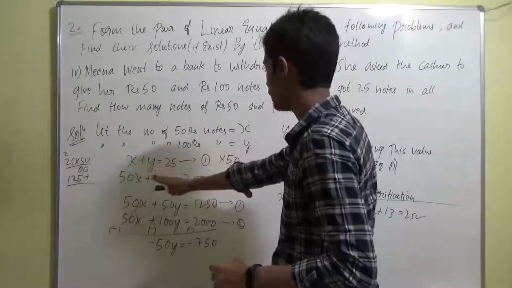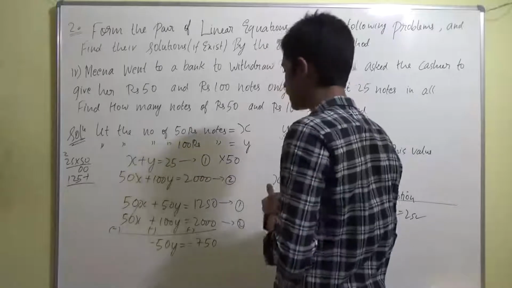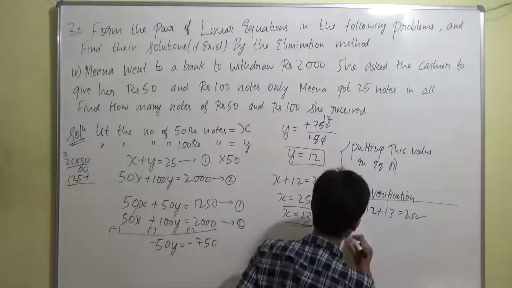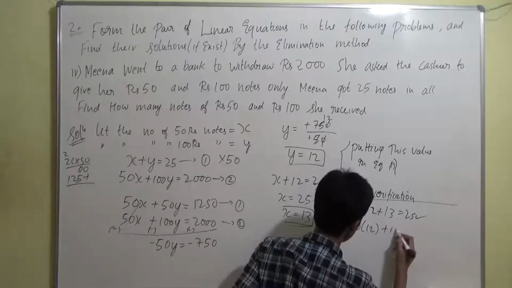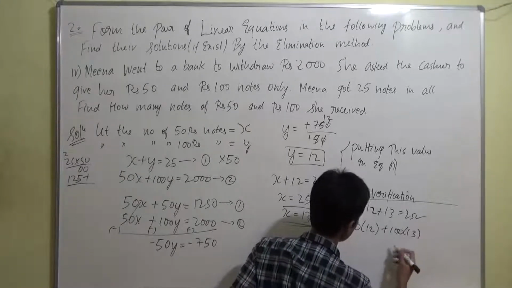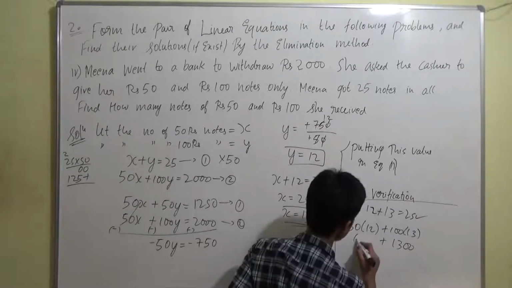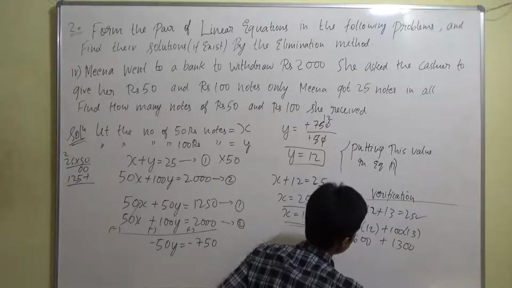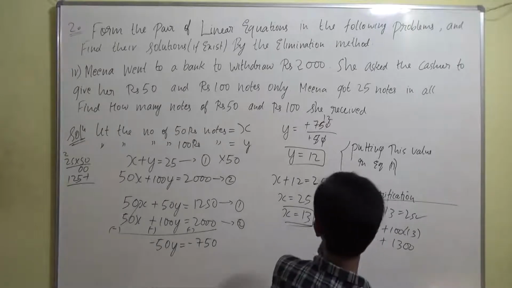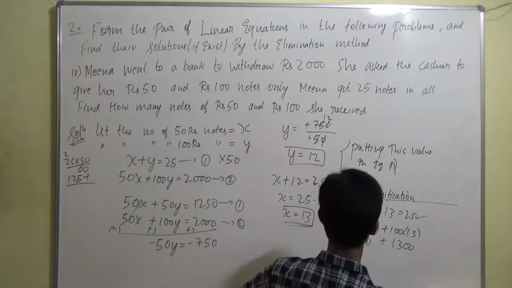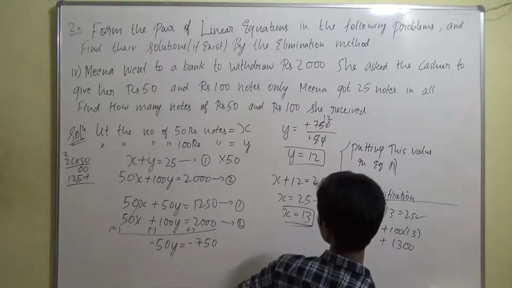50 into 12 plus 100 into 13 should give us 2000. That is 50 into 12 plus 100 into 13. 100 into 13 is 1300 plus this is 600. Oh, so we are not going to get 2000. Just a minute, guys.